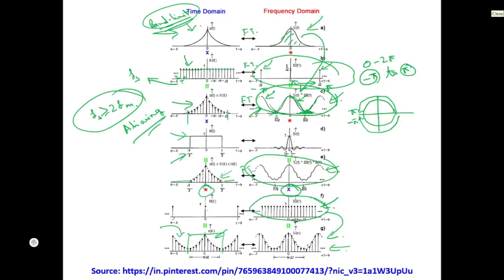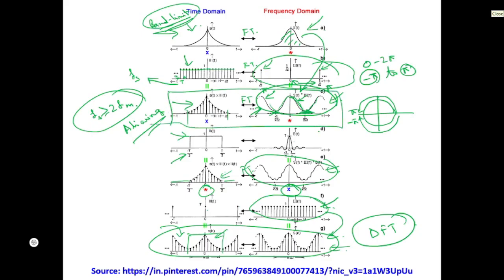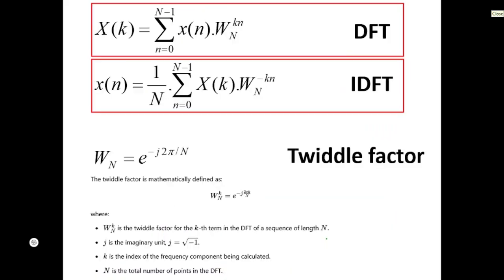Okay, and this is the basis of our DFT. Here we were talking about DTFT, and here we are talking about DFT. So this is the equation of the DFT and the IDFT.